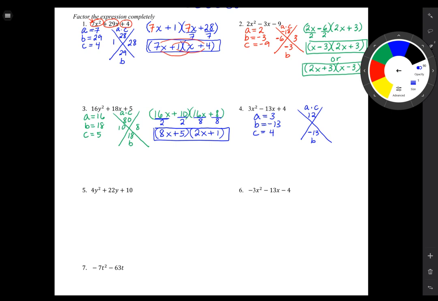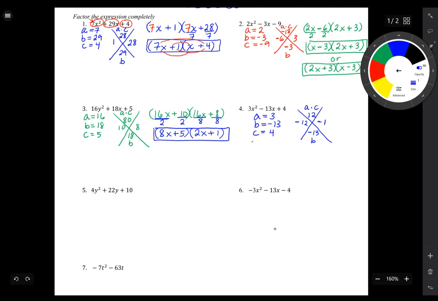So this one took a while for a second. I was like, okay, 2 times 6, neither of them are going to add. 3 and 4, no. And since the top number is positive, the numbers on the sides are going to be both positive or both negative. So I tried negative 12 and -1, because negative times a negative is positive 12, and -12 plus -1 is -13.